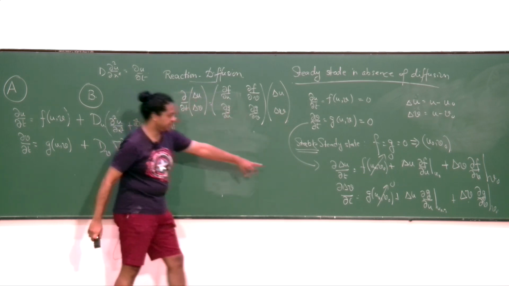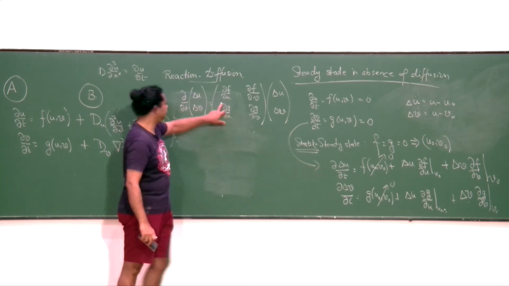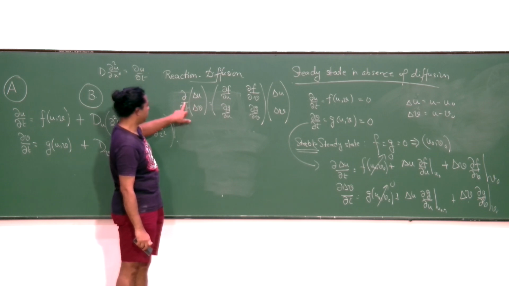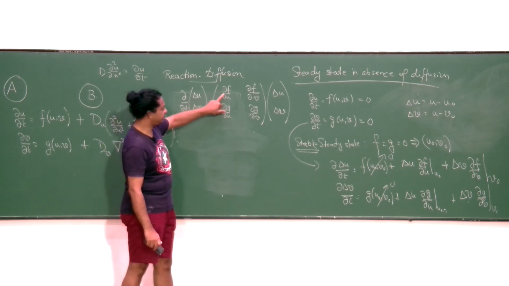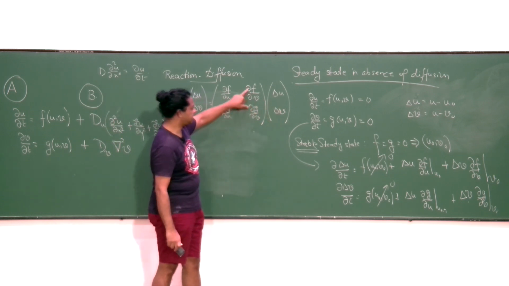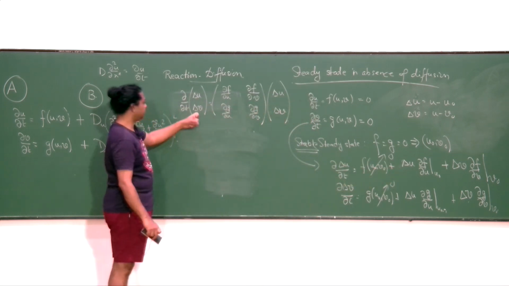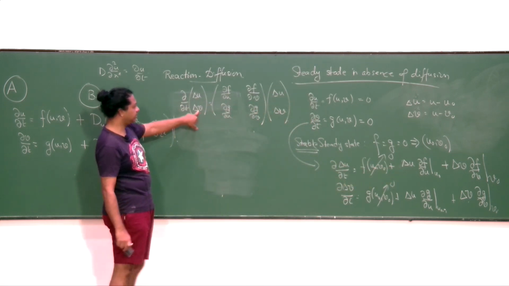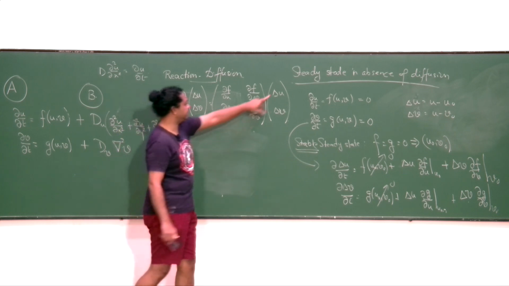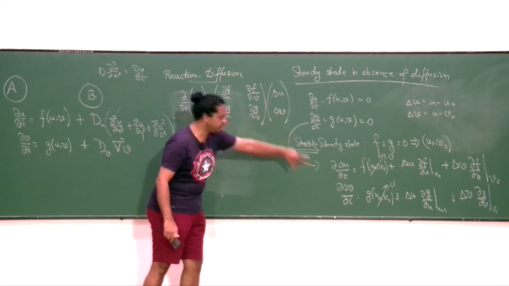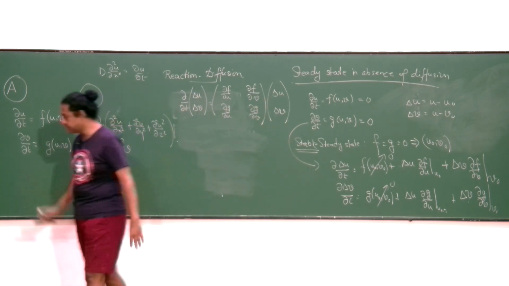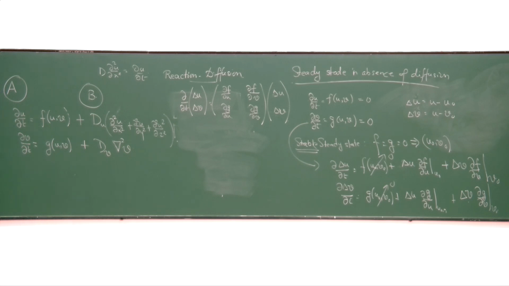This is nothing but exactly these same equations, just rewritten in matrix form. If you're looking at del t of delta u, that is del f del u delta u plus del f del v delta v, which is this equation. If you're looking at the rate of change of delta v, that is del g del u delta u plus del g del v delta v, which is the second equation. It's just a convenient shorthand way of writing this Taylor series expansion in matrix form.